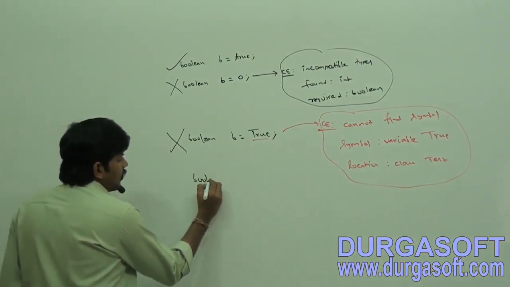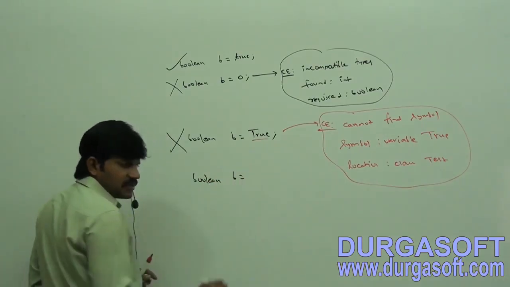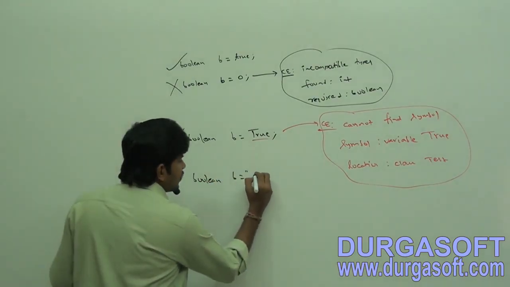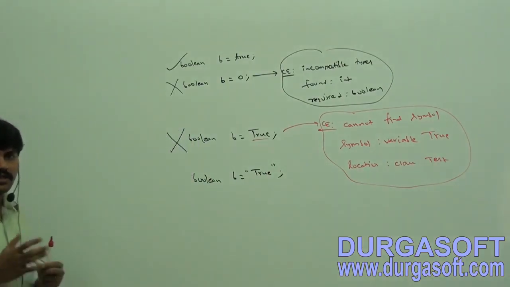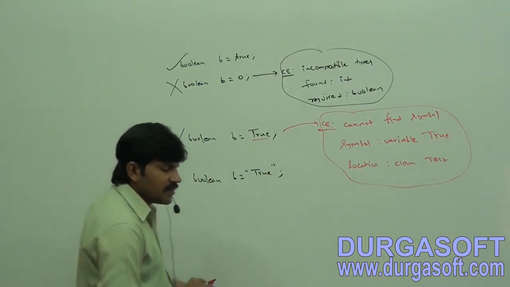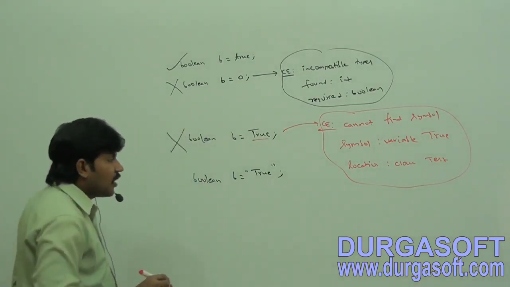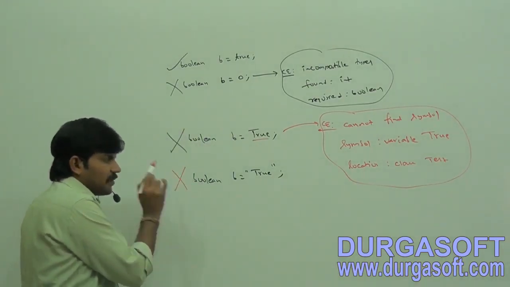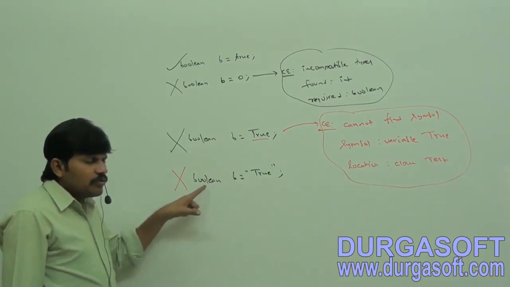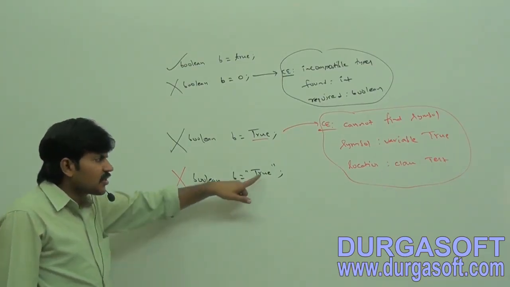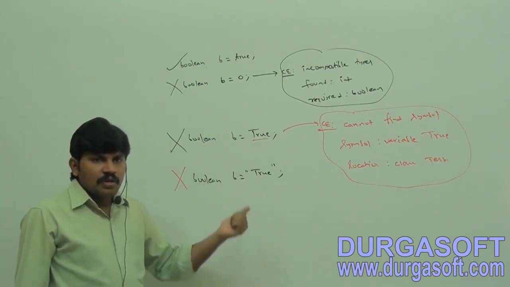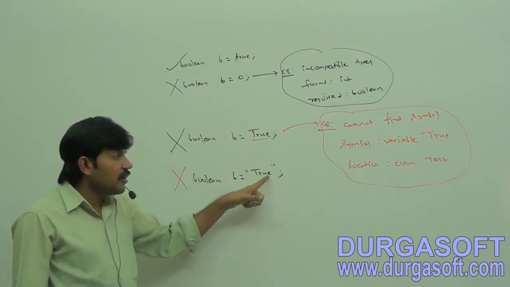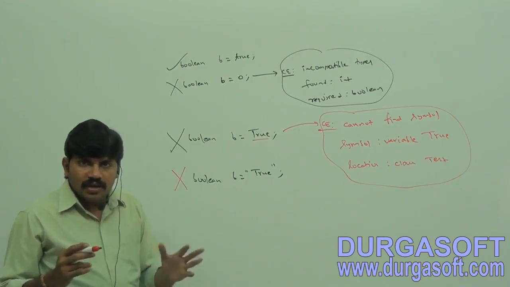Next, boolean b = "true", like this I'm taking. Is it valid or invalid? 100% invalid, compile time error. Because for a boolean, how can you provide a string? It is always expected as a boolean primitive. String and boolean have no compatibility.